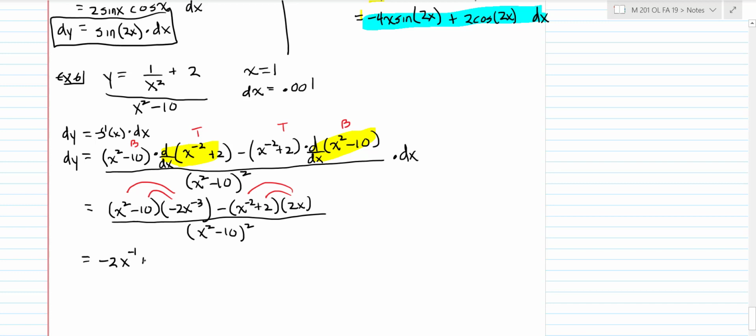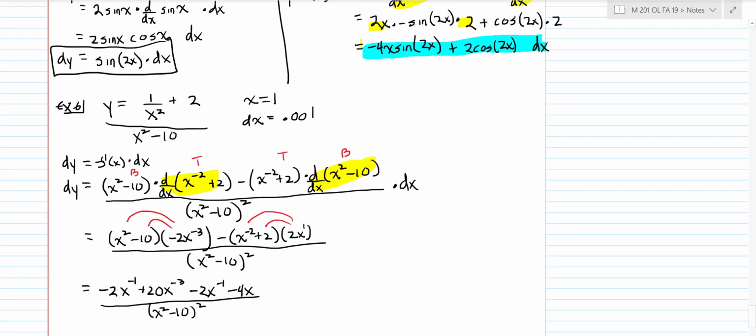Negative 2 times negative 10 is positive 20. We have x to the negative 3. And be kind of careful. You have 2x times x to the negative 2. Remember, that's the first power. 1 minus 2 is negative 1. So it would be minus 2x to the negative 1. And then this would be 4x. However, that minus distributes through to give you that then. And then that's all over x to the second minus 10 to the second.